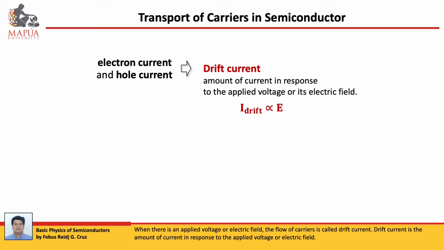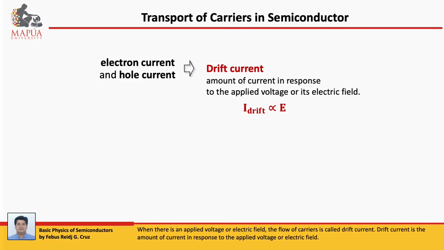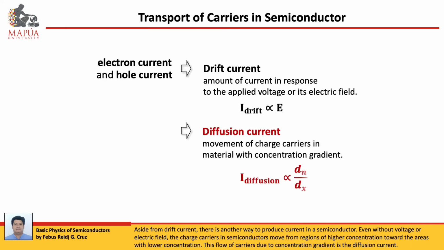When there is an applied voltage or electric field, the flow of carriers is called drift current. Drift current is the amount of current in response to the applied voltage or electric field. Aside from the drift current, there is another way to produce current in semiconductor.